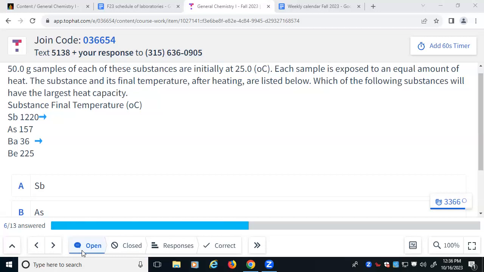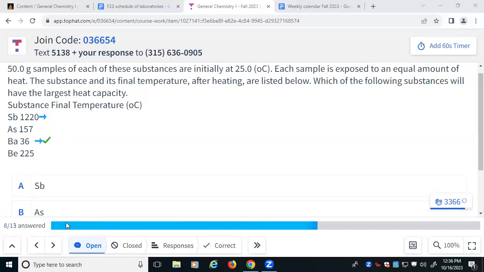And since that's what heat capacity is talking about, that's how we would end up with barium as our answer here instead of anything else.